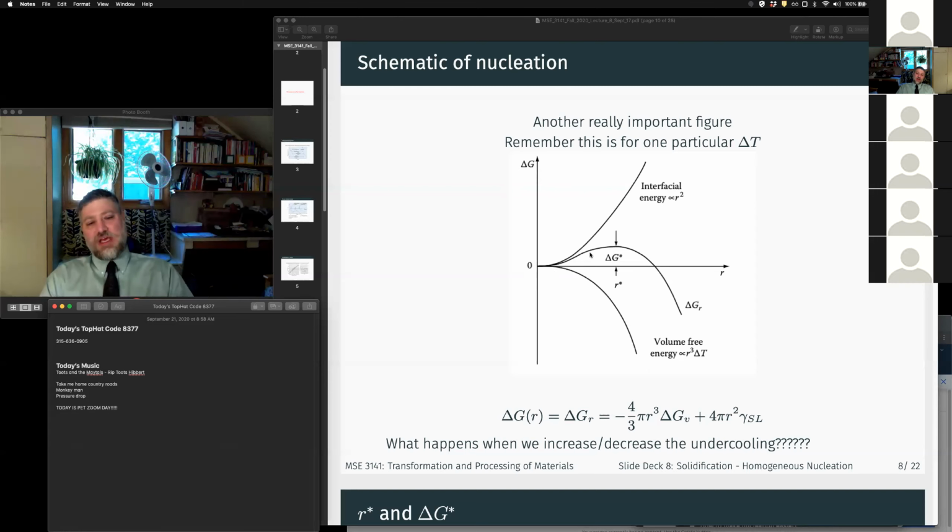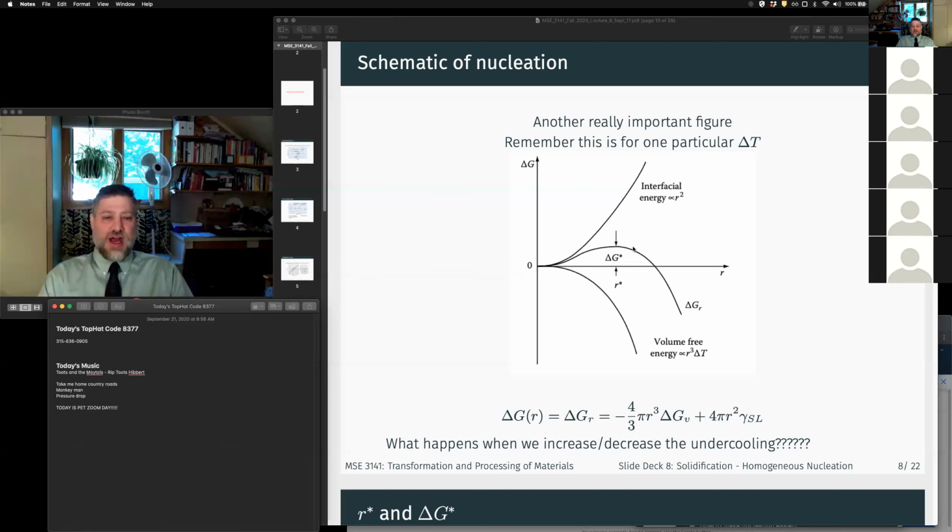So that means we get a maxima and then a decrease. And any nuclei that have a radius smaller than this maximum here are just going to dissolve back away. Any nuclei that are larger are going to grow, right? And so we can think of this hump here as the activation energy that we have to overcome to nucleate, right?